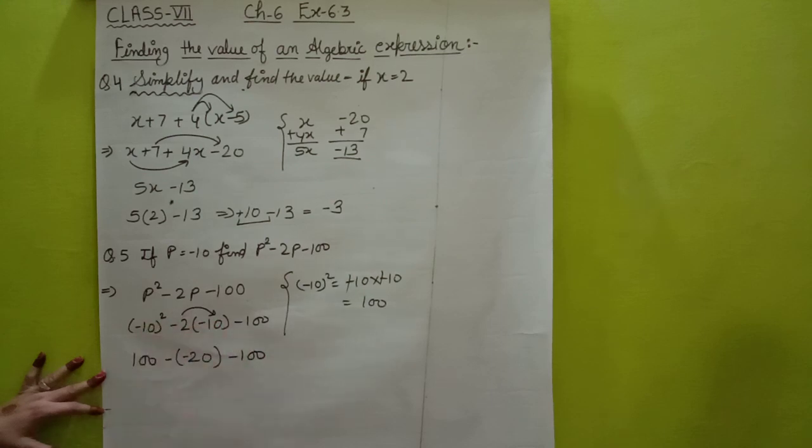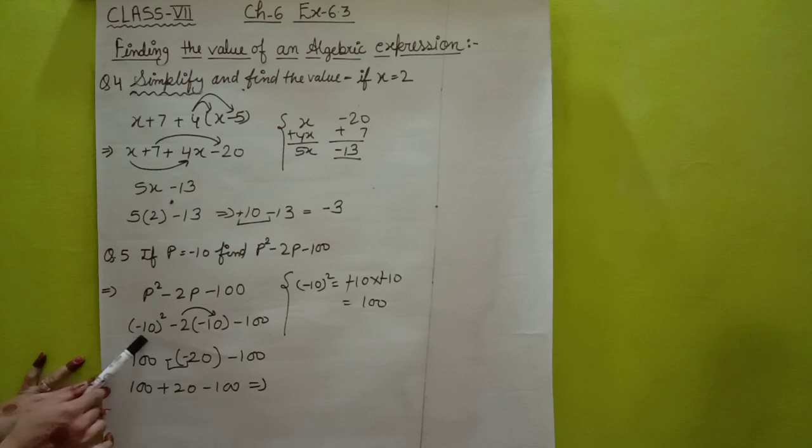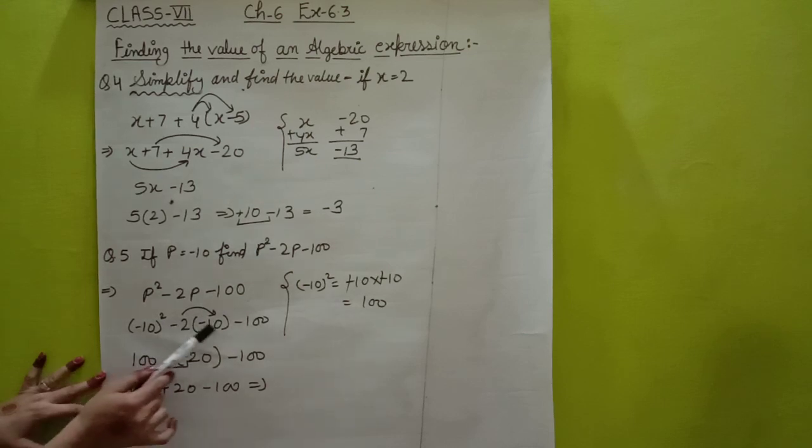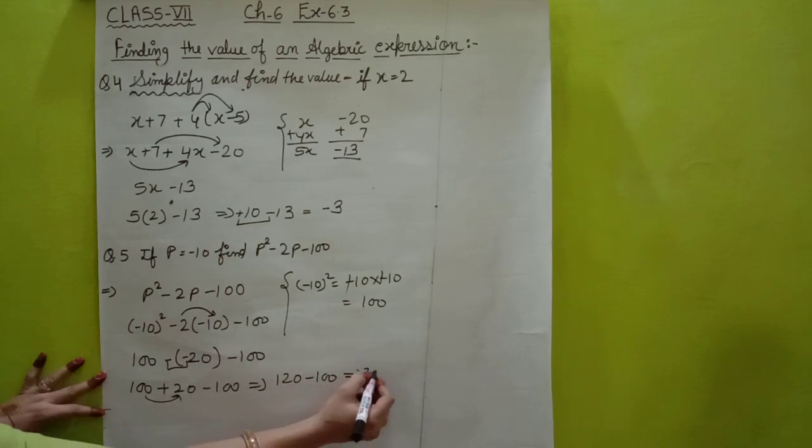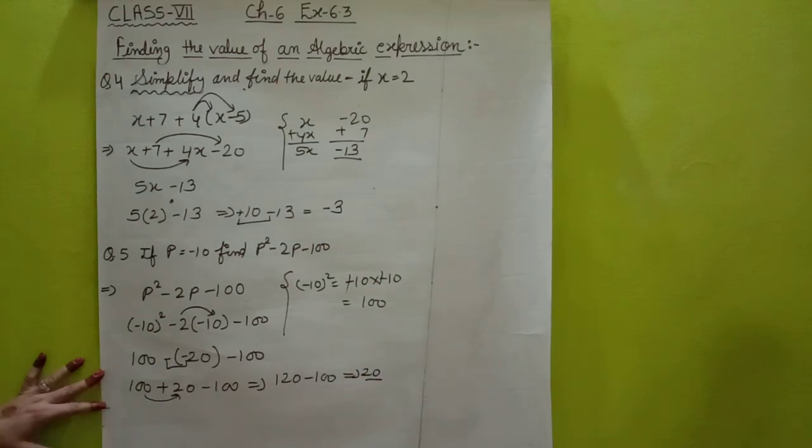Now 100 as it is. Minus minus plus, so 100 plus 20 minus 100. First of all 100 plus 20, it will be 120. Then minus 100. 120 minus 100, 20 is your answer.